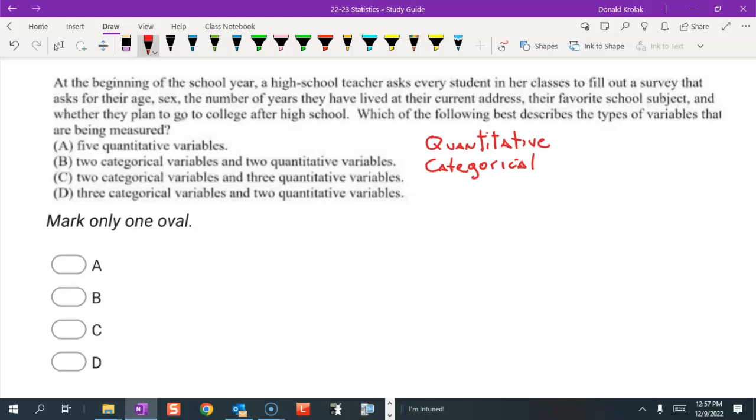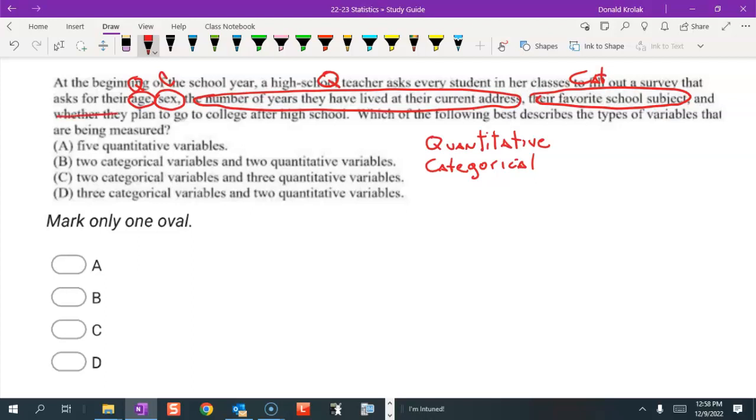Okay. All right. So when we look at this, their age is something that you measure with a number. Sex would be with a word, so that would be categorical. Number of years you've lived at your current address, that would be quantitative. Your favorite school subject, you'd answer that with a word, so that's categorical.